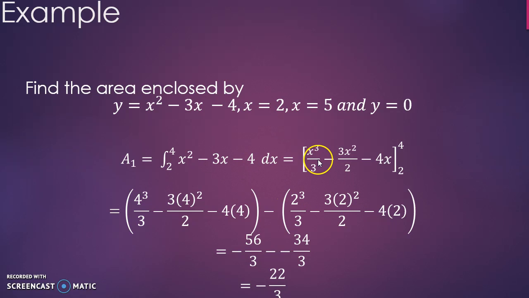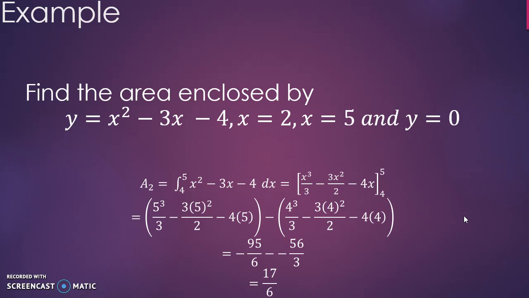We do the integral on that, we get x cubed over 3 minus 3x squared divided by 2 minus 4x between 4 and 2, do our substitutions, calculate the area, and we get an area of negative 22 divided by 3, which is what we expect because it's below the x-axis. So that's our first area.